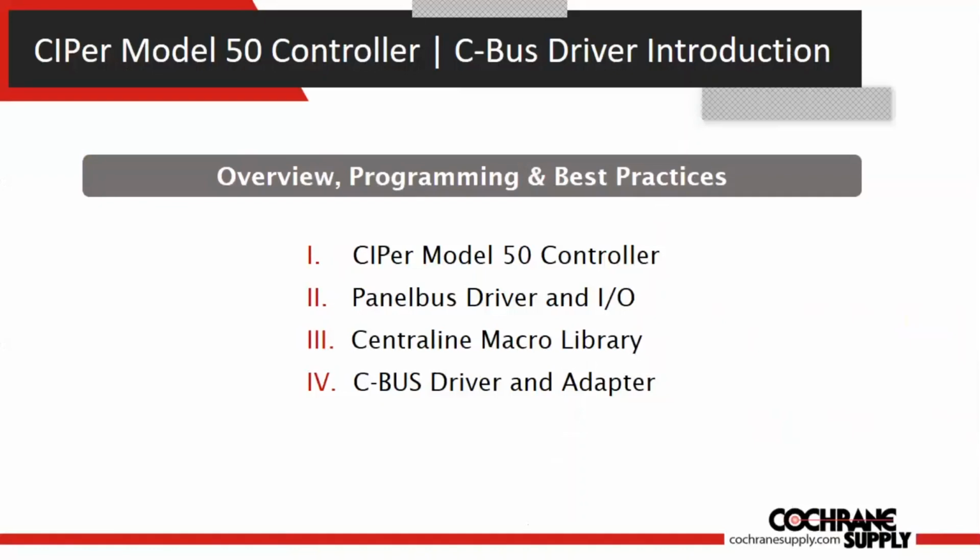Briefly touch on the macro library. That right now has a Centraline brand, but will be expanded to support the Webb's brand as well. And I'll close and talk briefly about the CBUS driver and adapter module as well.